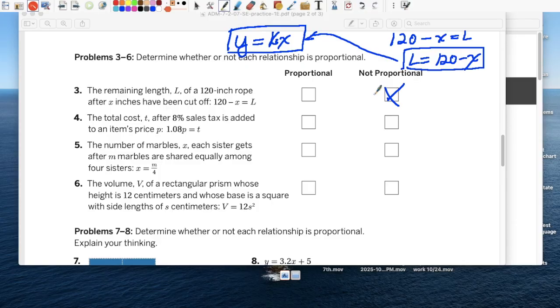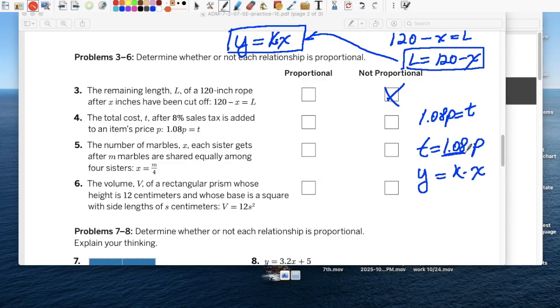All right. Second one. Let's look at the equation. Let me bring it to the side. 1.08p equals t. Is this in this format? Well, let's change it around, right? So let's switch sides. So we get t equals 1.08 times p. Look at the equation and see if it's in this format. It is, right?